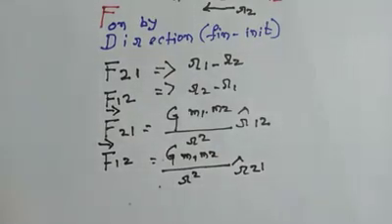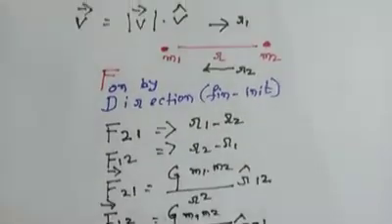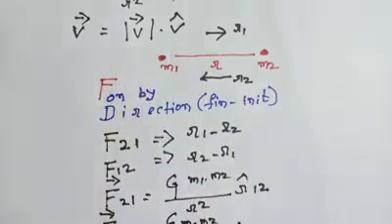Now just note that when we are representing a vector, which we showed just above, the vector is represented by the magnitude and the direction.